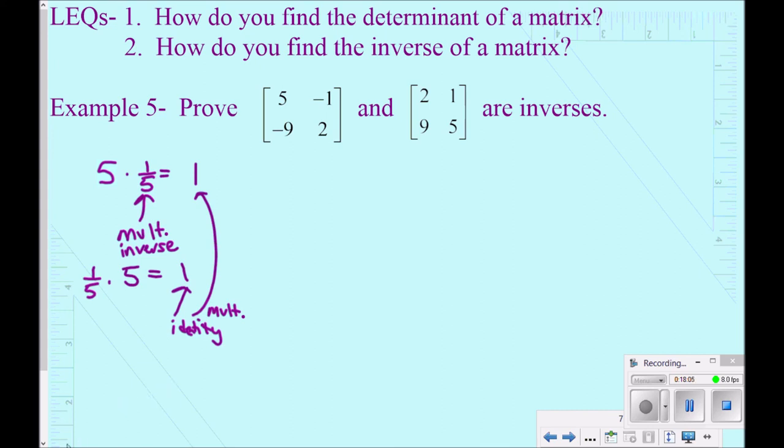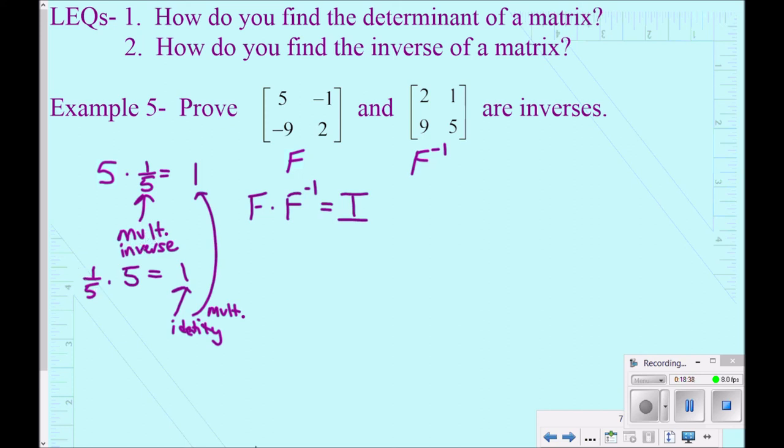Similarly, with matrices, when I have a matrix, let's just call this F, and if this here is its inverse, F inverse, when I multiply the two, F times F inverse, I will get, it's not going to be a 1, but it's going to be the multiplicative identity for matrices, which we call I. So the multiplicative identity in numbers is the number 1.